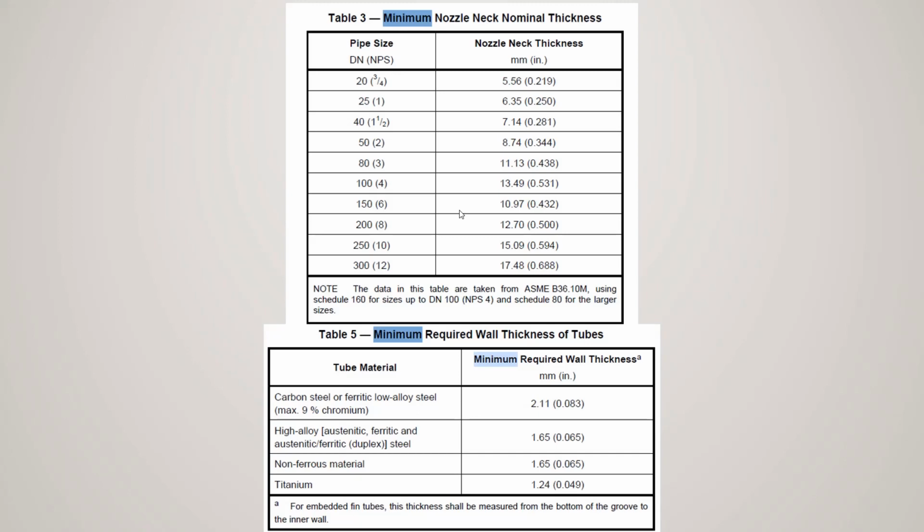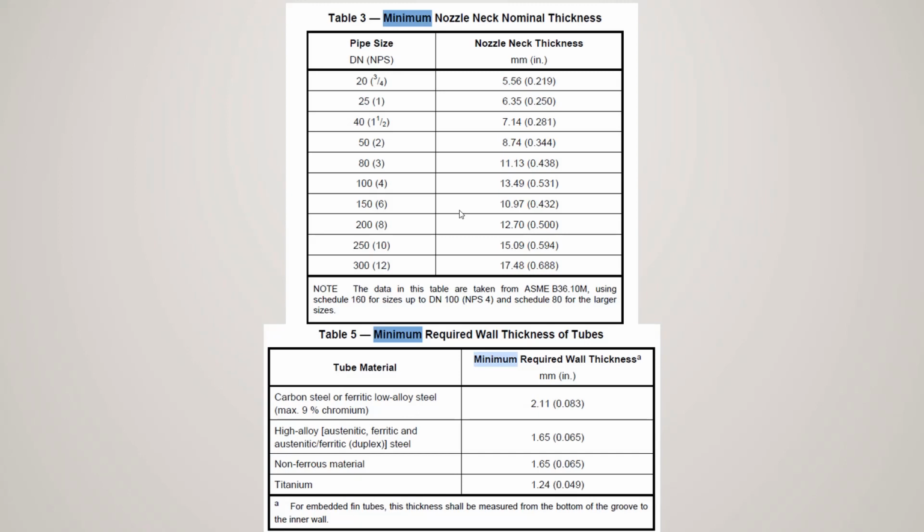Now coming to the tube wall thickness, the carbon steel is 2.11, high alloy and non-ferrous is 1.65, and titanium 1.24. And the most important part here is that the minimum thickness for the groove embedded fin tubes is the thickness considered from the bottom of the groove.